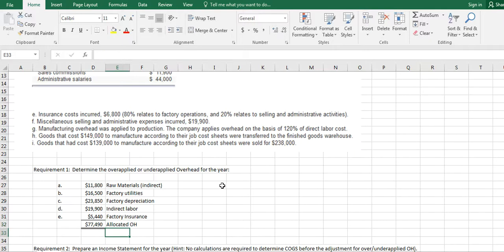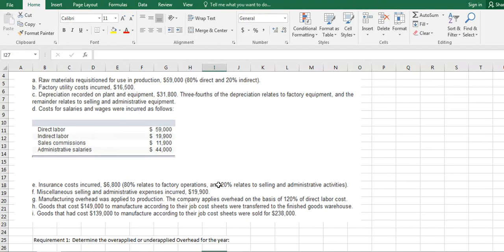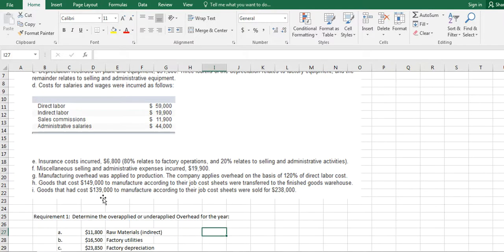All right. Now up here, oh, I'm looking too far up. Manufacturing overhead was applied to production. The company applies overhead on the basis of 120% of direct labor costs.